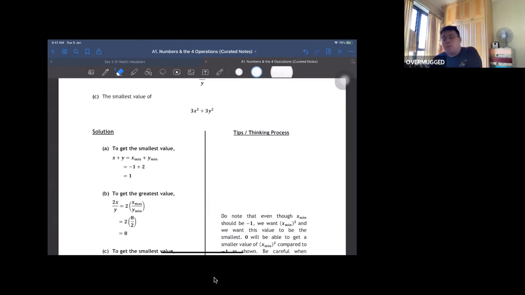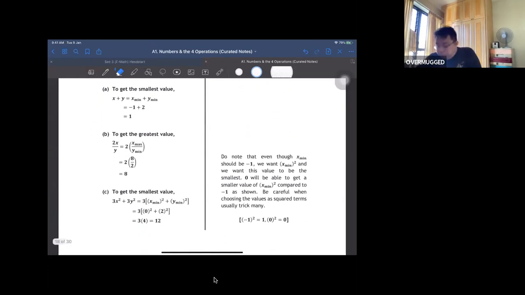Oh no, that is not correct. Whenever we are dealing with squared numbers, the smallest will always be 0. Whenever there is a negative portion, the smallest possible will always be 0, and there's no two ways about it. So just take note of that.